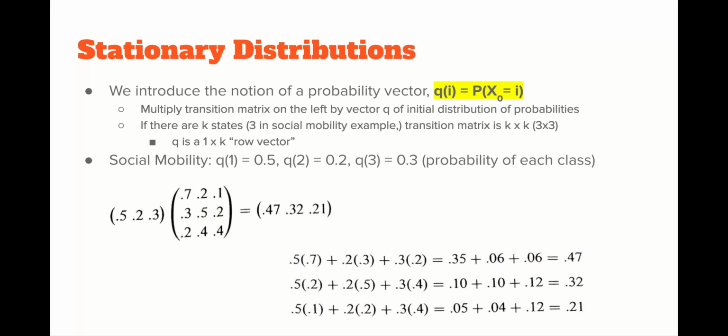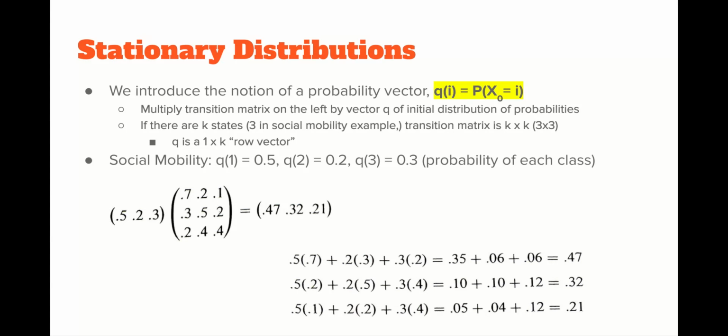So we introduced the notion of a probability vector, which we denote Q. We multiply our transition matrix on the left by this vector Q, and this vector Q has the initial distribution of probabilities. So if there are k states, our transition matrix is k by k, and since we're multiplying on the left, our vector Q is a 1 by k row vector.